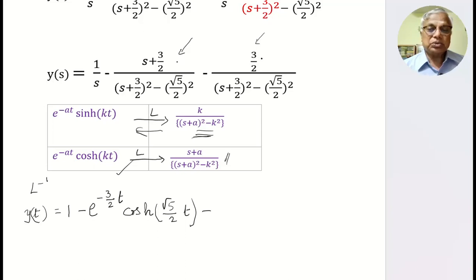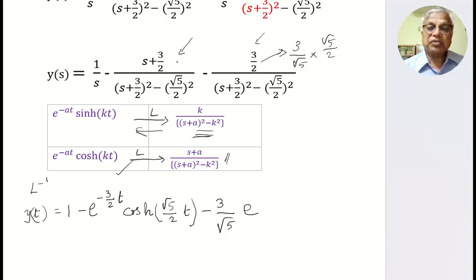So this 3 by 2, I will split it into 3 by root 5 into root 5 by 2. So now the inverse will be what? This 3 by root 5 is a constant, into e power minus at.